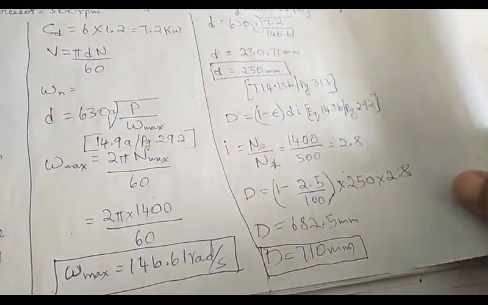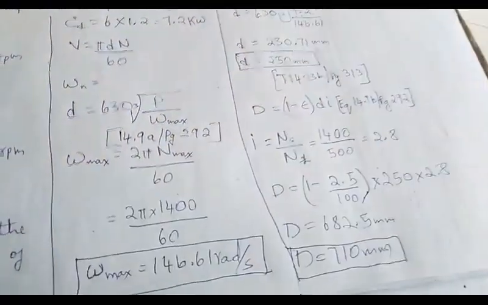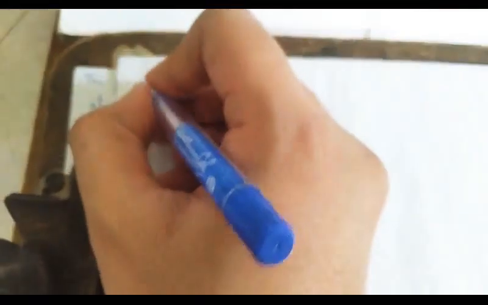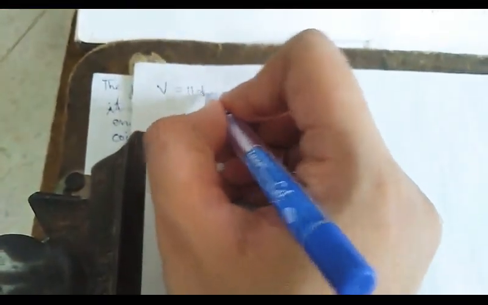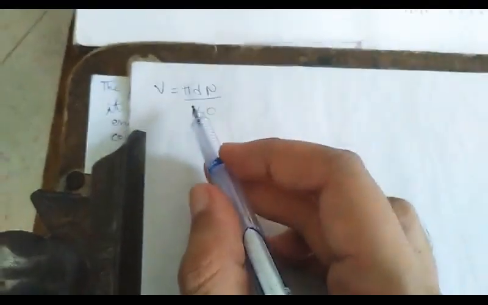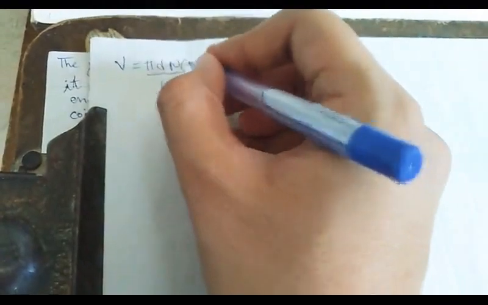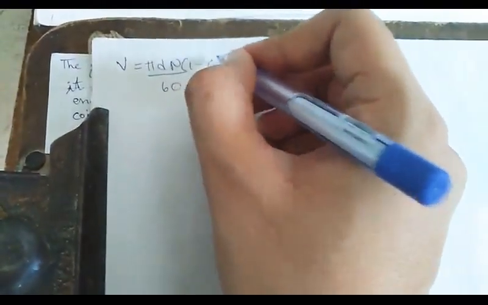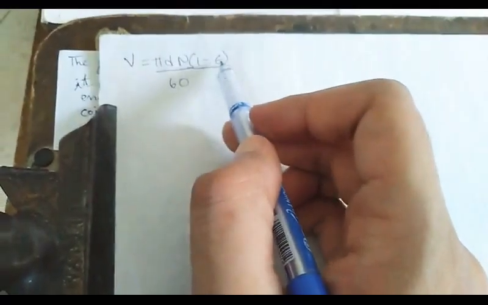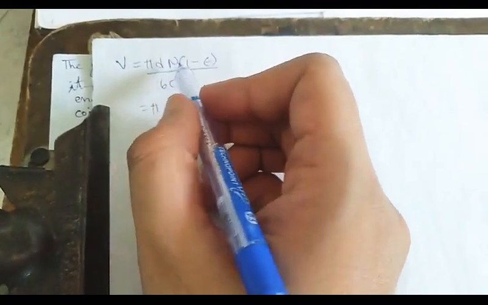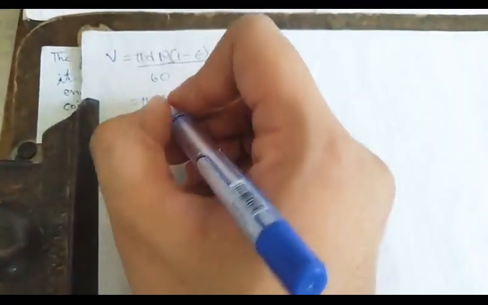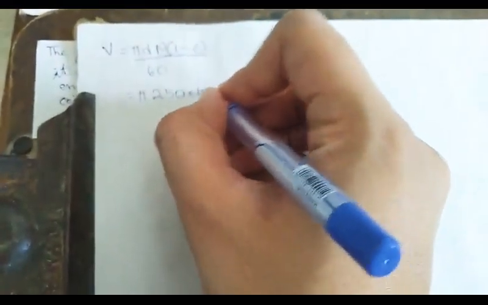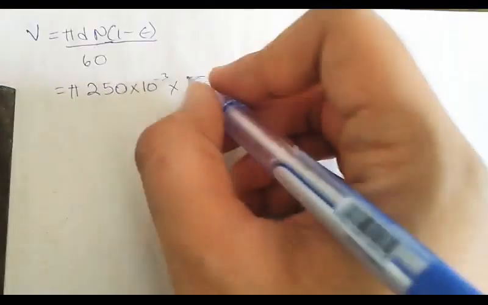Next we shall find the remaining data such as width, efficiency, and thickness. First we will find the belt speed, velocity pi dn by 60. We are finding this for the smaller pulley, and since the slip percentage is given, we consider 1 minus epsilon; otherwise there is no need to consider it. So the diameter is 250 into 10 power minus 3, into speed 1400, divided by 60, into 1 minus 0.025.